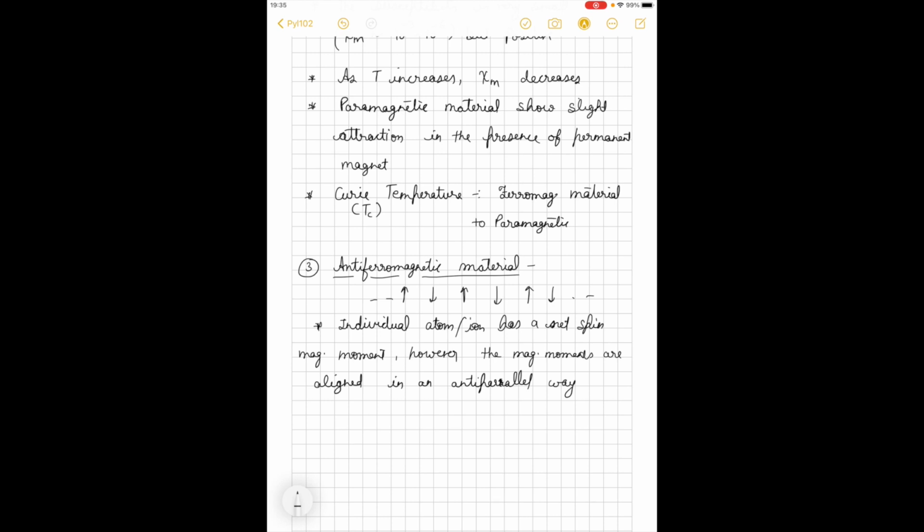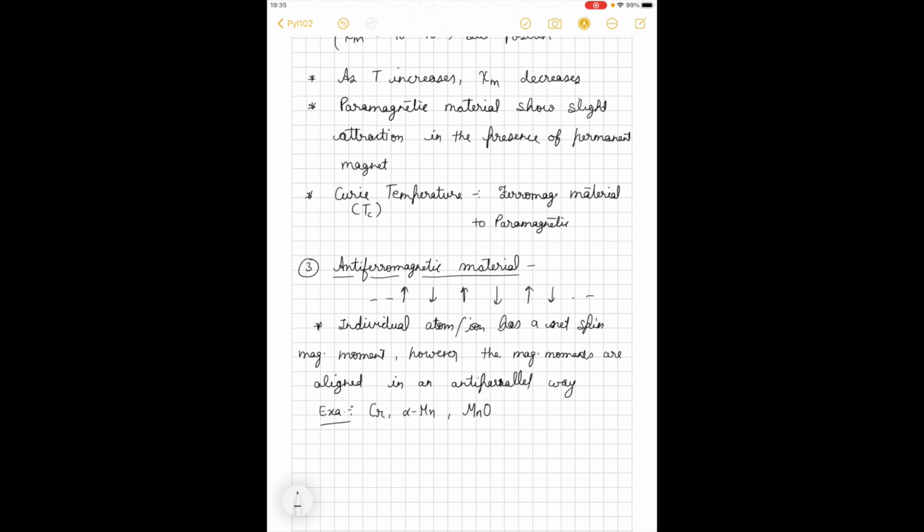The examples of antiferromagnetic material systems: you can think of chromium or alpha manganese, the antiferromagnetic elements. And as a compound, if you want, manganese oxide is one of the examples for antiferromagnetic material.